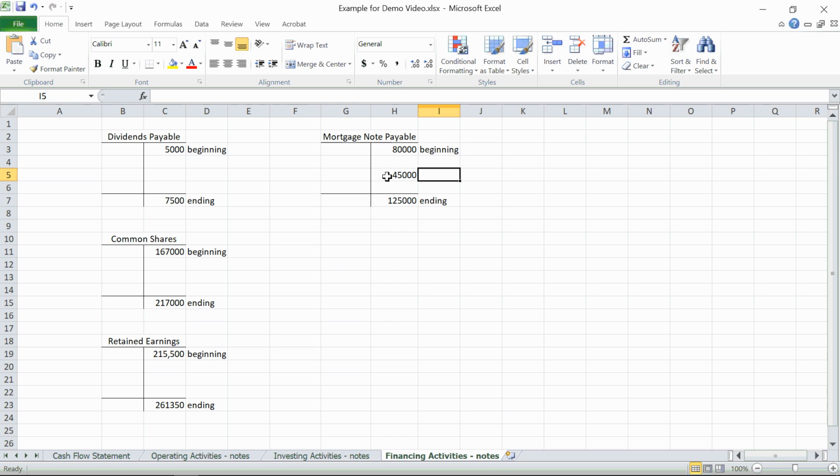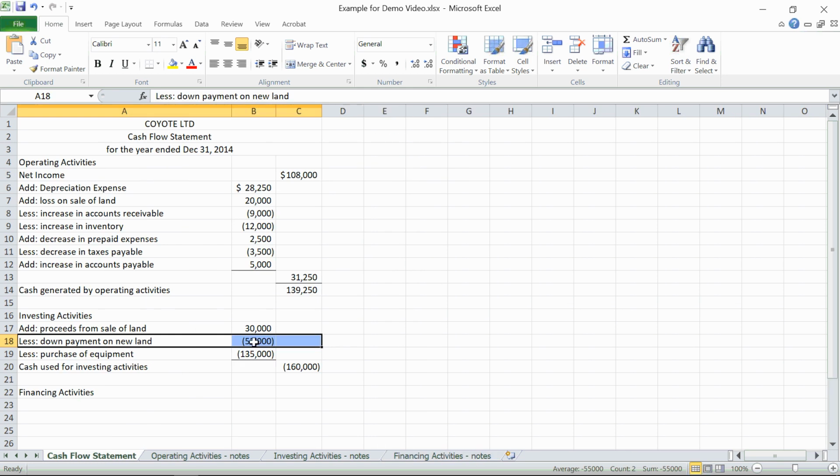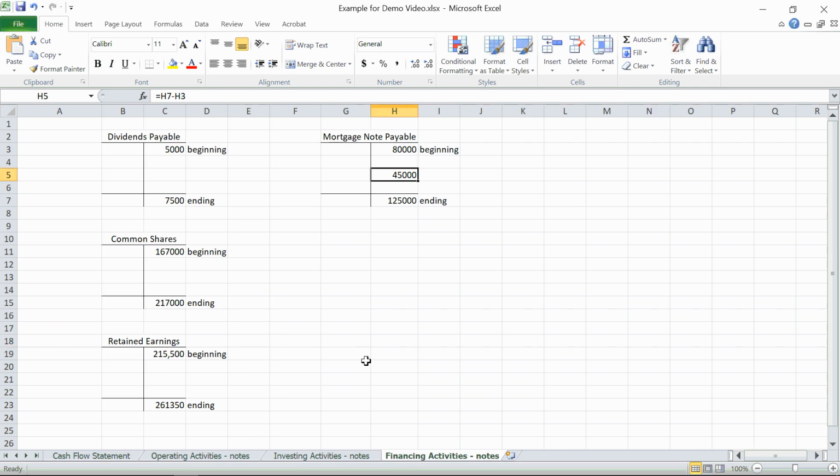And so because the difference between the beginning mortgage note payable balance and the ending mortgage note payable balance is exactly the amount that we know we got the mortgage for when we put that down payment on the land, we've already dealt with the cash flow related to this transaction, and we don't need to do anything else.